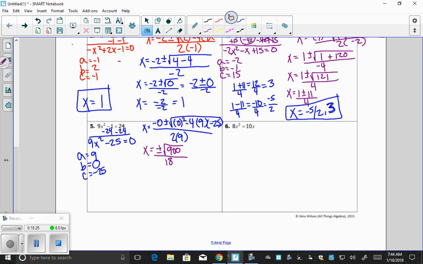Well, the square root of 900 is 30. So you really have plus or minus 30 over 18. So you're going to do 30 divided by 18 and negative 30 divided by 18.